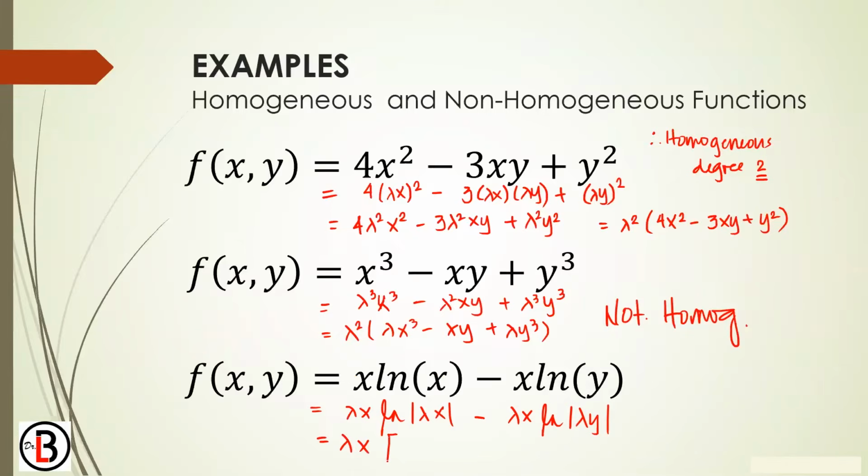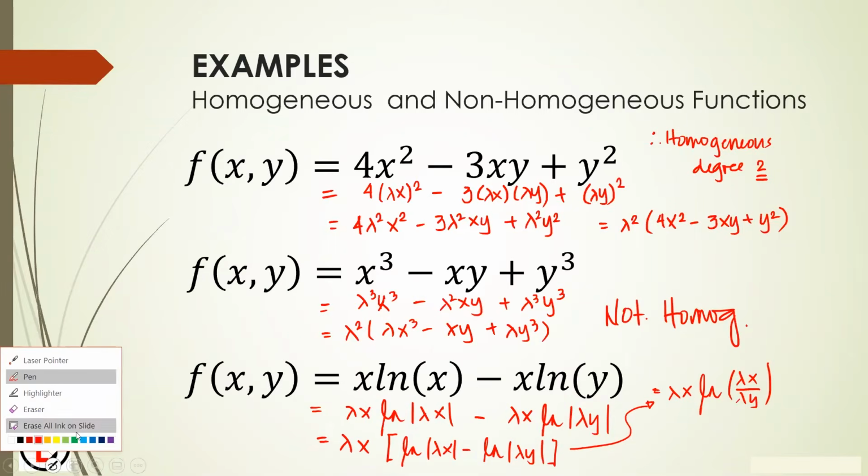Lambda and x, right? I'm left with ln of lambda x minus ln of lambda y. Applying the properties of ln, that is ln of lambda x over lambda y.